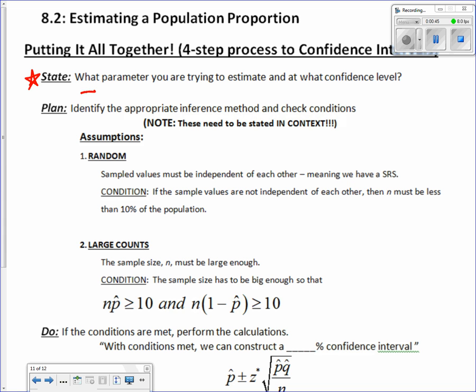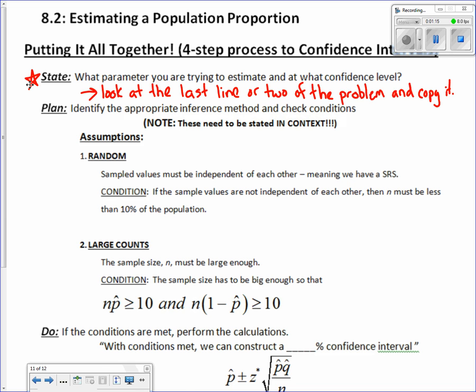Usually, all you have to do is look at the last line or two of the problem and copy it. Copy it completely. Yes, copy it down, and you can possibly get yourself an E for that part.